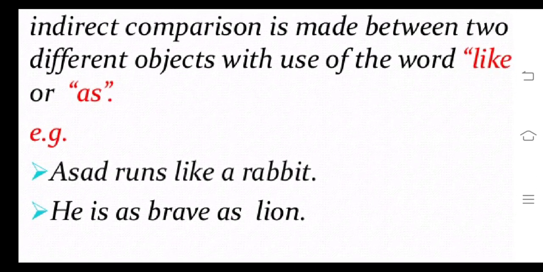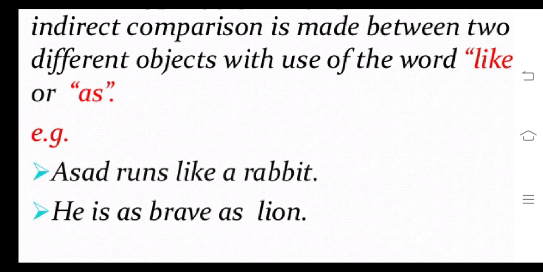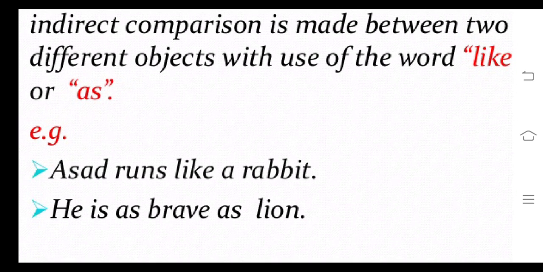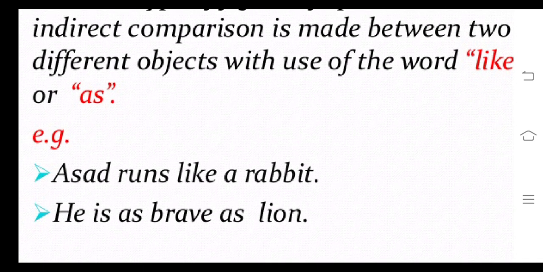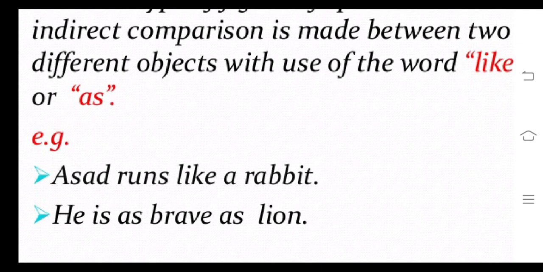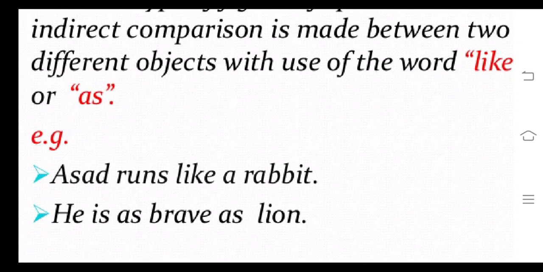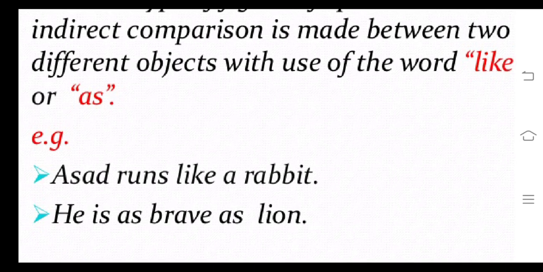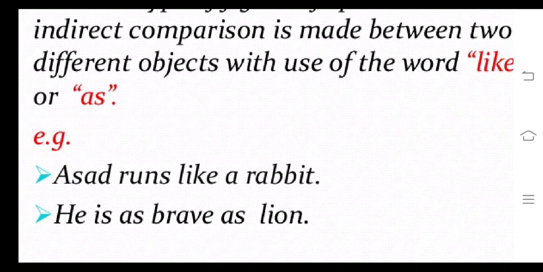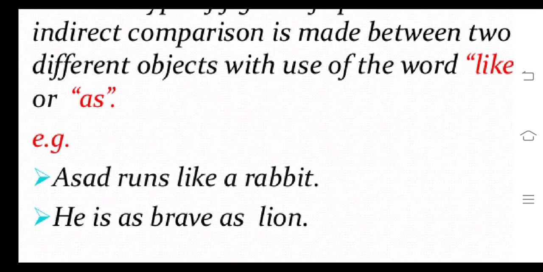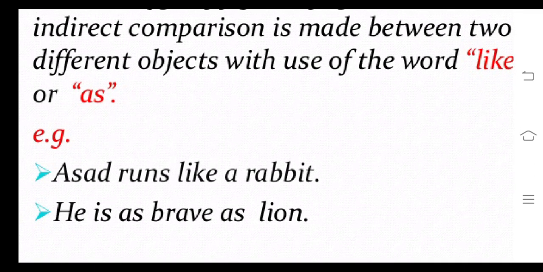Next example: he is as brave as a lion. Here I am giving a brave quality to a human being. Or he is as intelligent as Abdul Kalam. And then, Asad runs like a rabbit.